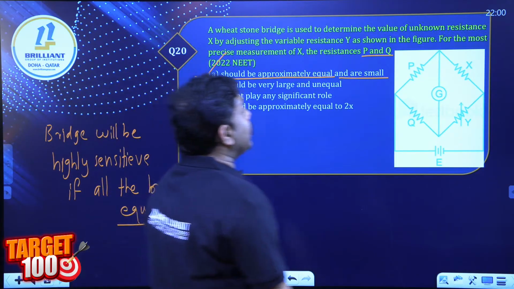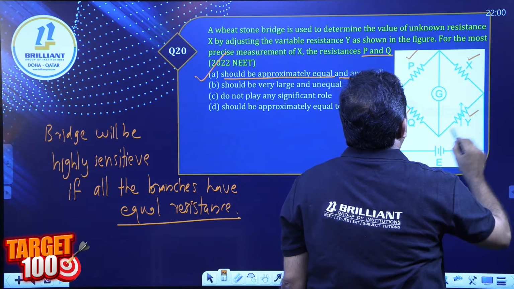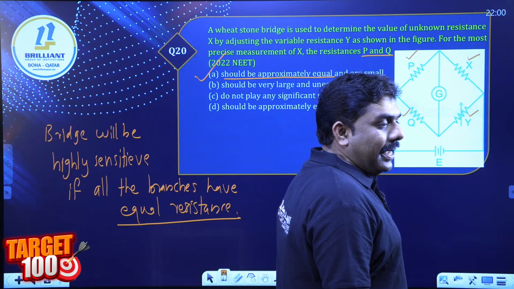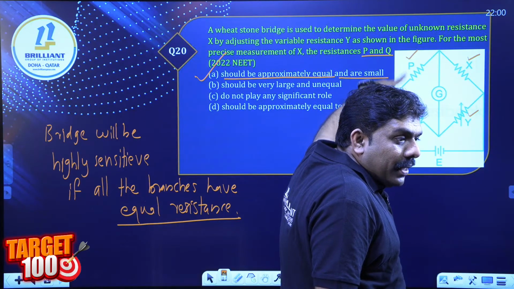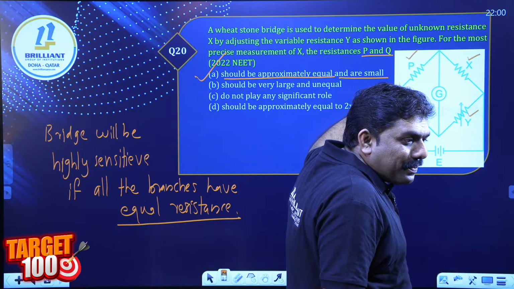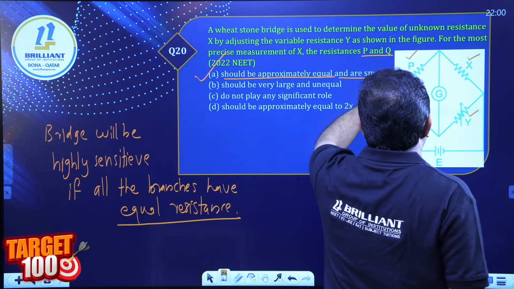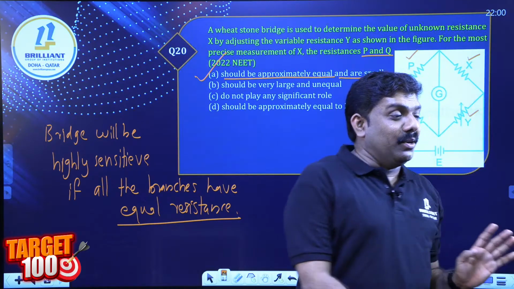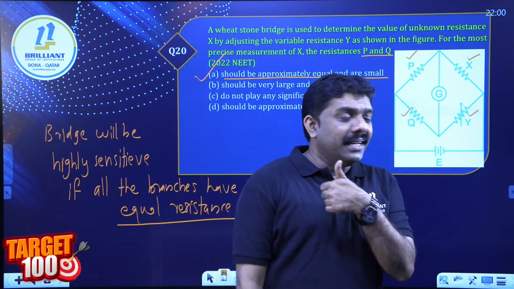That means P, X, Q and Y should all have equal resistance. P and Q have equal resistance, then X and Y should also have equal resistance, and only then the bridge becomes more sensitive.